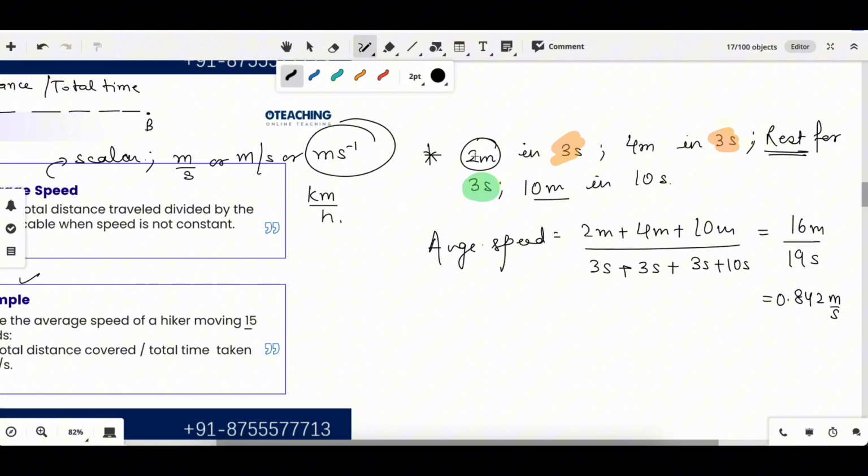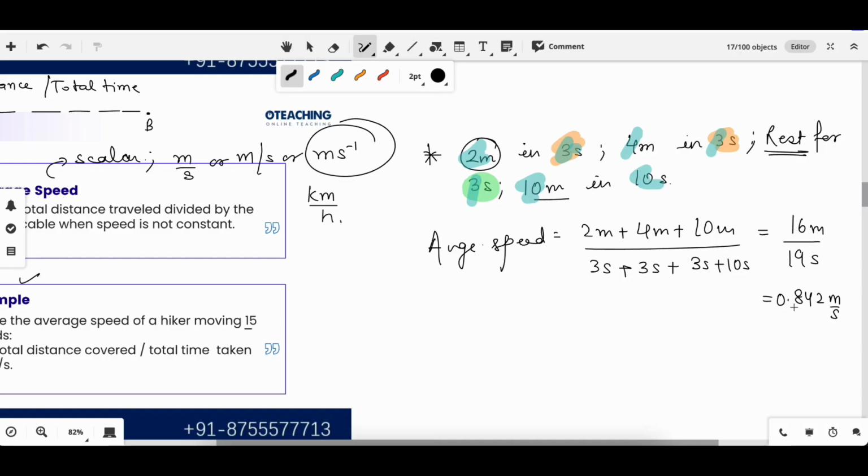Now the thing is, how many significant figures will you use here? If you look over here, 1, so here you have 1 significant figure, and here you have 2, 1 and 2. So the values which you are using in this question have 1 significant figure or 2 significant figures. We keep it to the minimum significant figures.